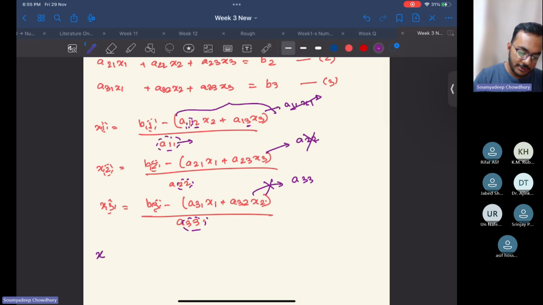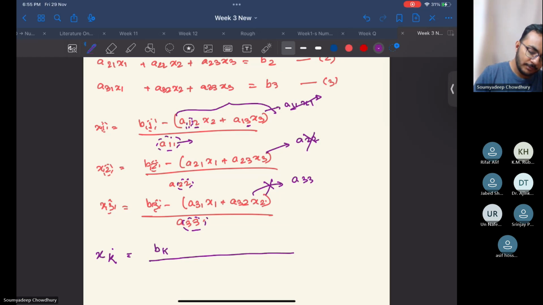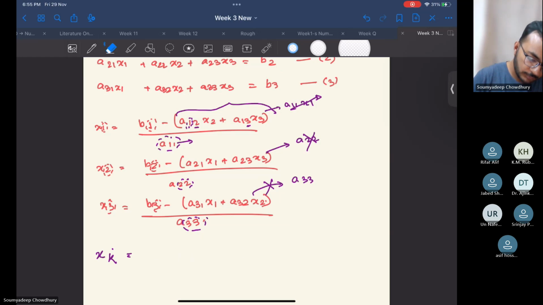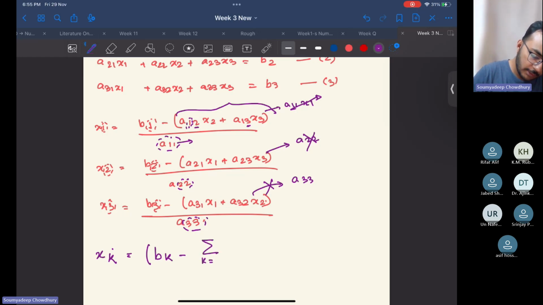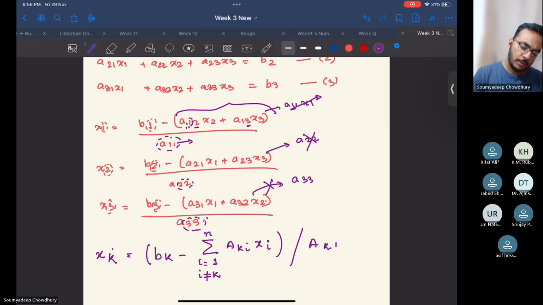We can write xk is bk minus the summation of i equals 1 to n, i not equal to k, aki xi, divided by akk.